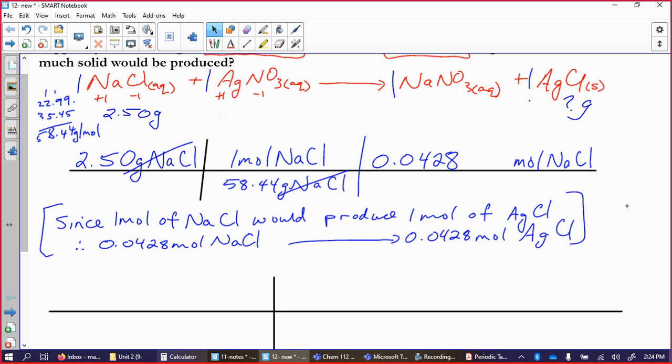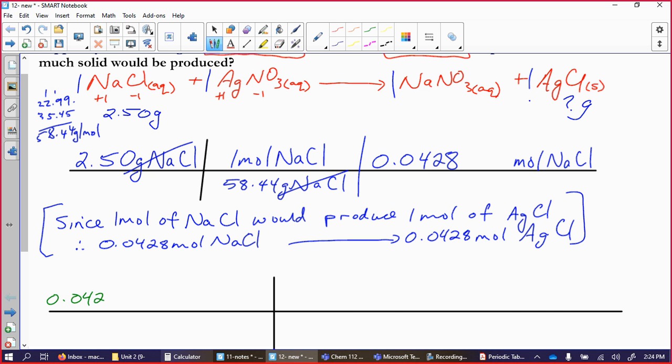So now if I know we have that many moles of silver chloride, can we add up the mass and just do the conversion back? 0.0428 moles of silver chloride.